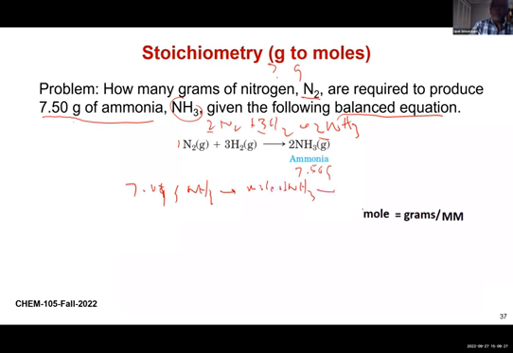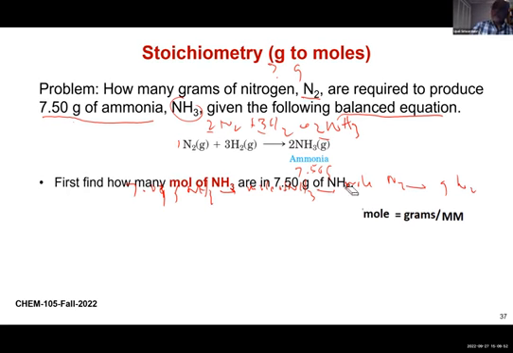Then the moles of ammonia convert to moles of nitrogen, and moles of nitrogen to grams of nitrogen. See the pattern: grams to moles to moles of the other substance, to grams of nitrogen. So that's what we'll be doing. How many moles of that? That's the question.